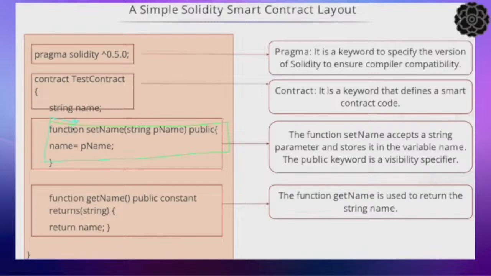But here you don't need to worry about that because we are going to use a test network. Then what is a test network and what is the main network? We will have a greater look after it. So we pay a gas fee in order to deploy our smart contract, write our smart contract, or update our smart contract.